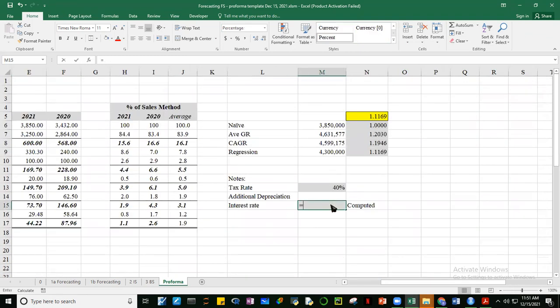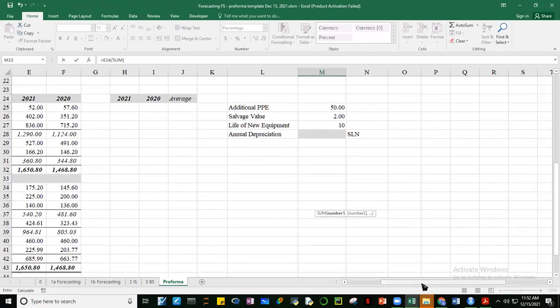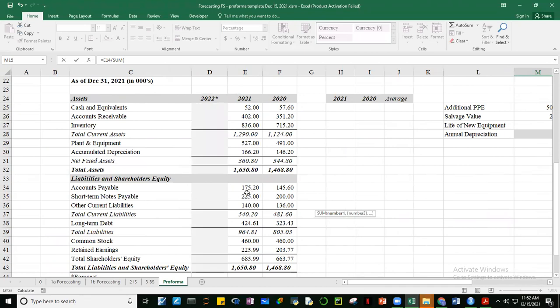Kunin natin yung ratio is equal to yung 76 divided by magkano yung interest bearing na accounts natin? Sum ng short-term notes payable at saka ng long-term debt. Okay, actually malaking sinisimplify natin dito.